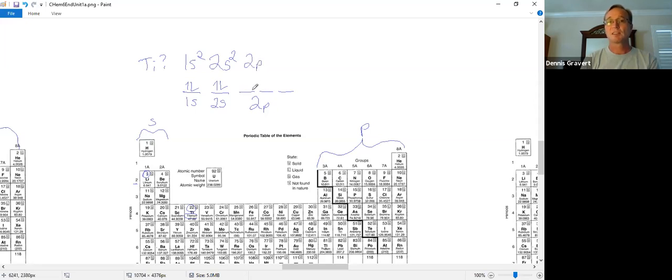There's the Px, the Py, the Pz. We need to fill the P block. Every line is an orbital, and the Pauli exclusion principle says 2 electrons per orbital.